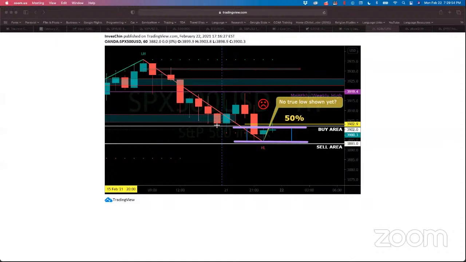And you can do this a couple of ways. For one, you could do your line right here and use this for the buy, the body right there. Or you can use this low right here, to say I've got 3 areas where I could buy.